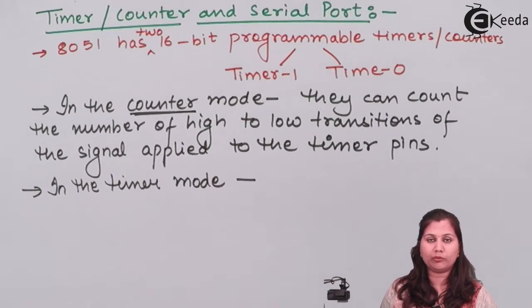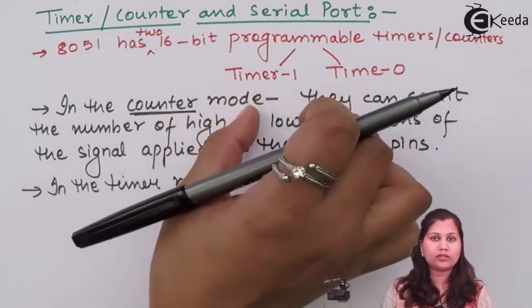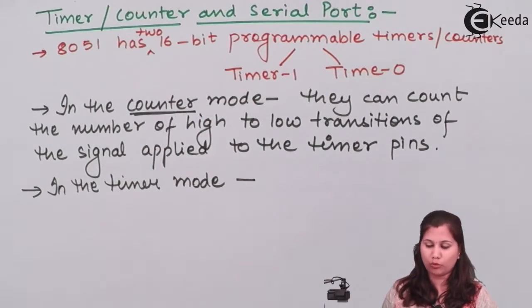There are four different modes: mode 0, mode 1, mode 2 and mode 3. So in the timer mode, these timers can be programmed to operate in the different modes of operation. They can act as serial ports also, for serial communication, for receiving and transmitting the data. So in the timer mode, we can program these two timers to work in the different modes.